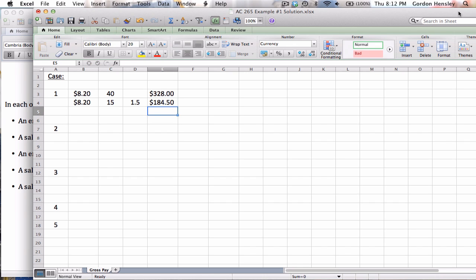The overtime pay is $184.50. So then all I have to do is add these two together, and that will give me the total pay for that employee for that week, $512.50. So the key to that situation is simply remembering that the overtime hours, anything above 40, is at 1.5 times the normal rate.